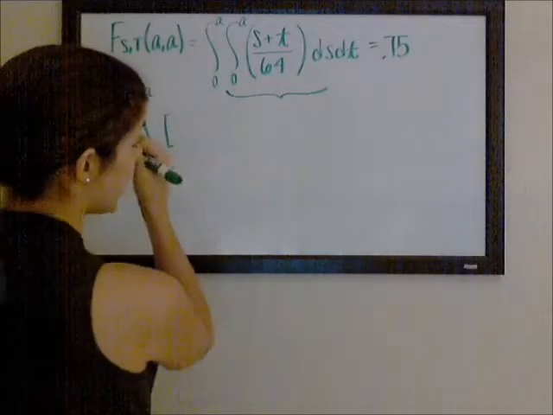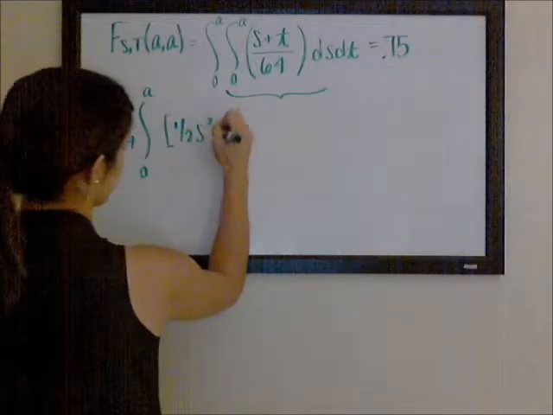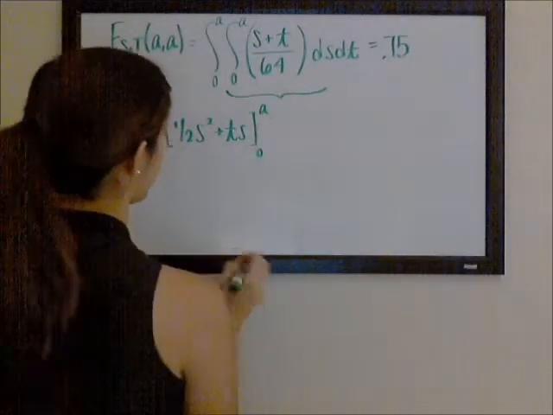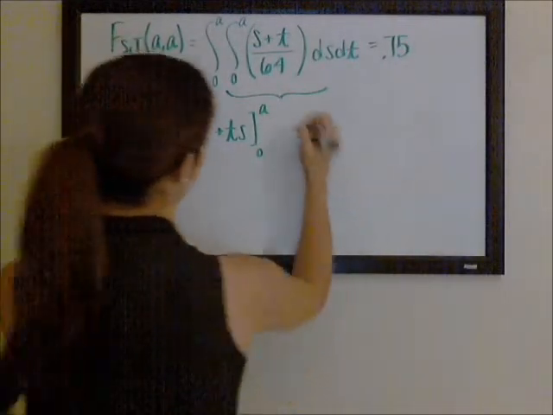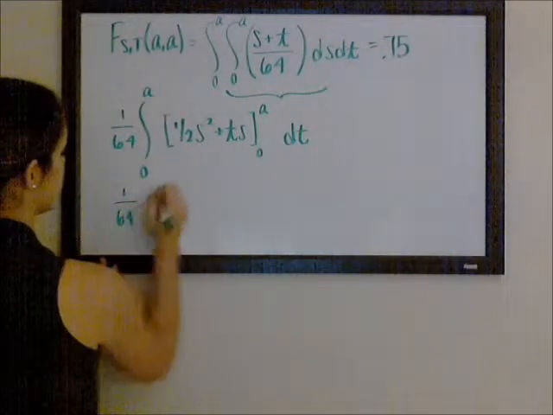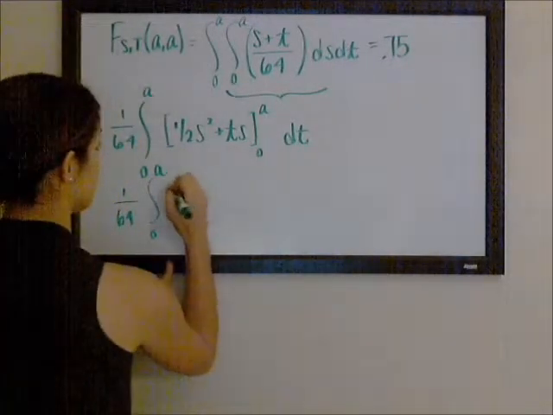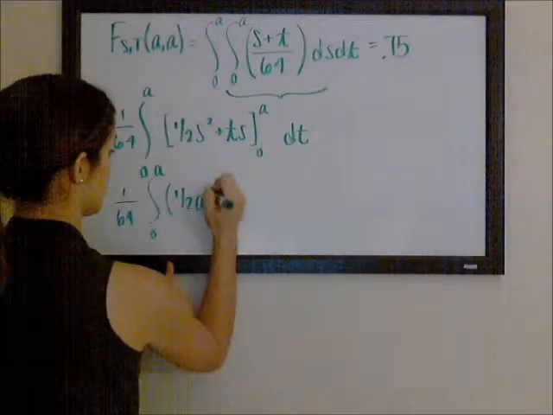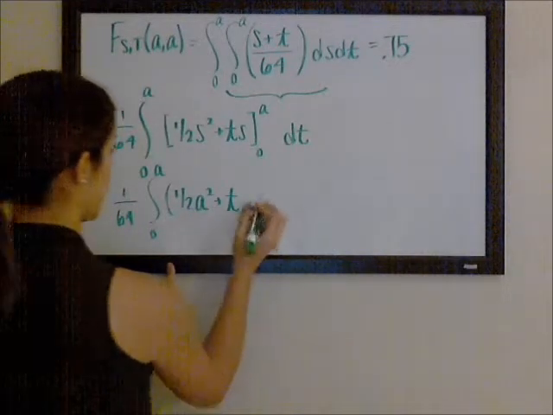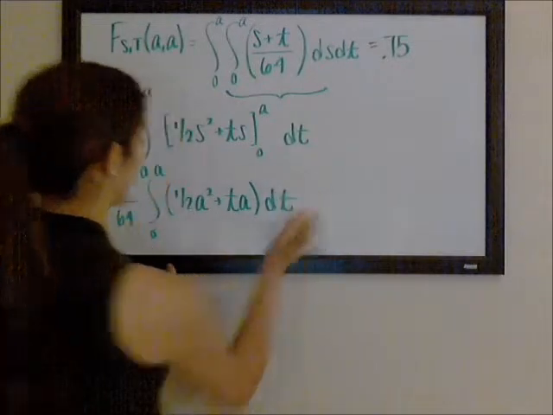Integrating with respect to s, so this s plus t is going to become 1/2 s squared plus ts. We're going from 0 to a, and on the outside we still have this integral from 0 to a with respect to t. So this becomes 1 over 64 times the integral from 0 to a of 1/2 a squared plus ta with respect to t.